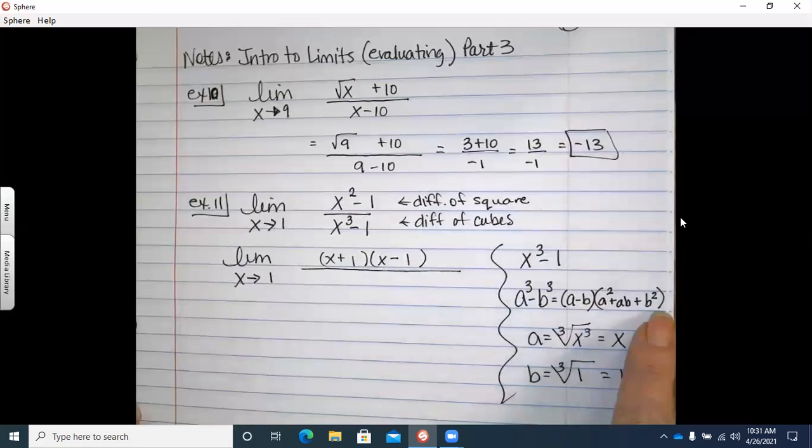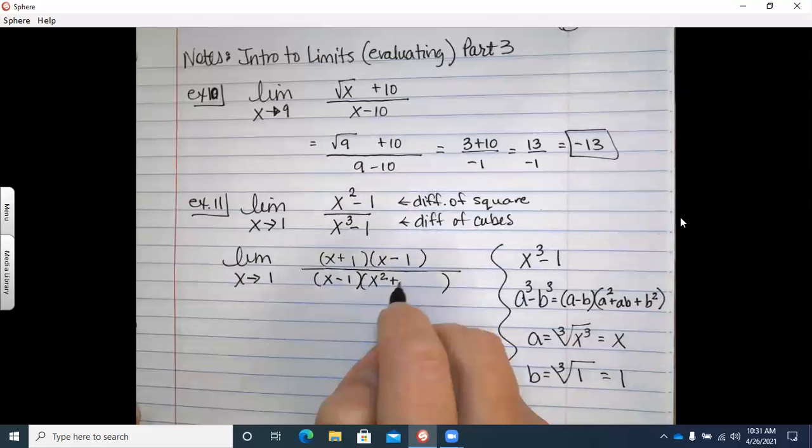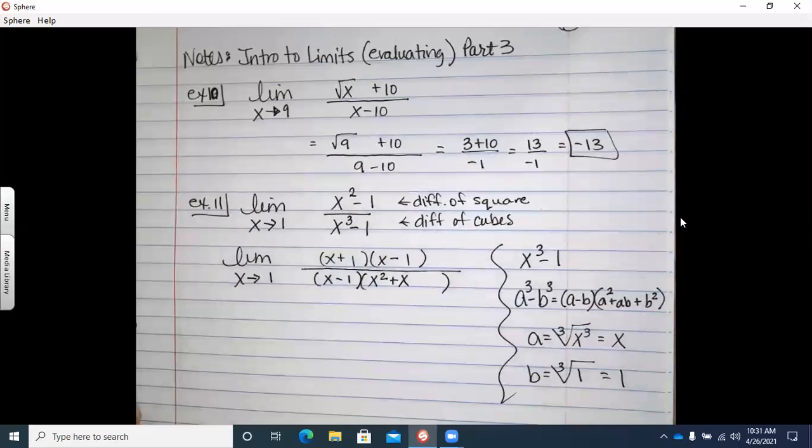So for my first set of parentheses, it's a minus b, so x minus 1. Second set of parentheses, a squared, well, that would be x squared. Then it says to add a times b, in this case, x times 1 is x. Then it says to add b squared, well, 1 squared is 1.